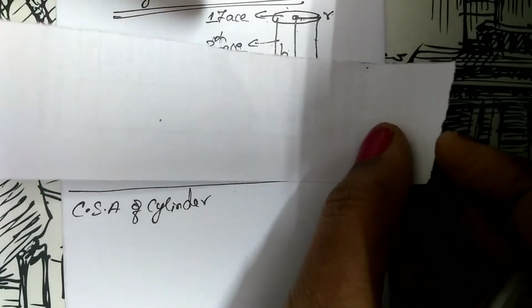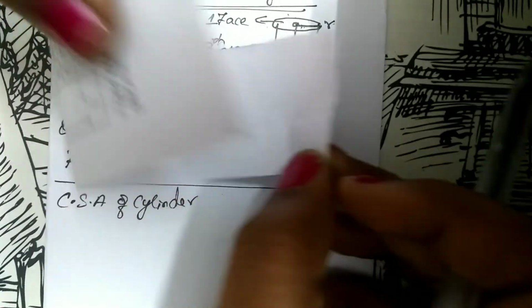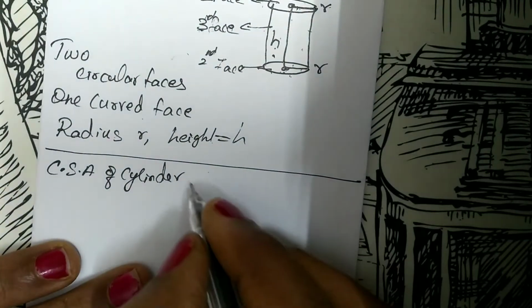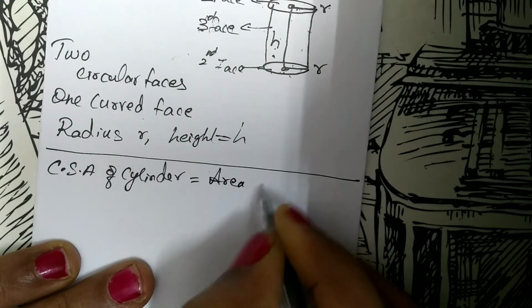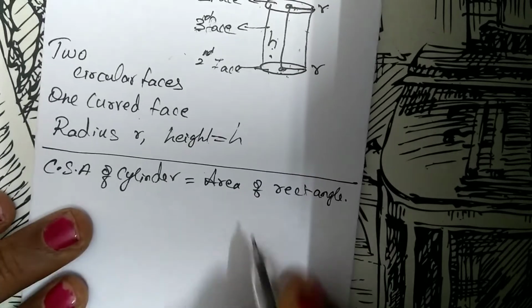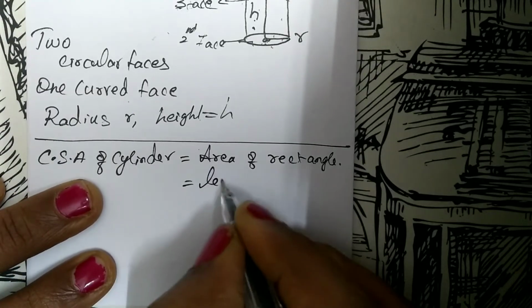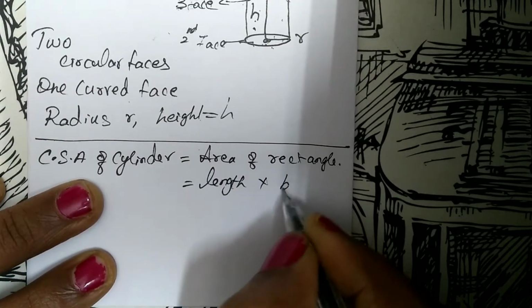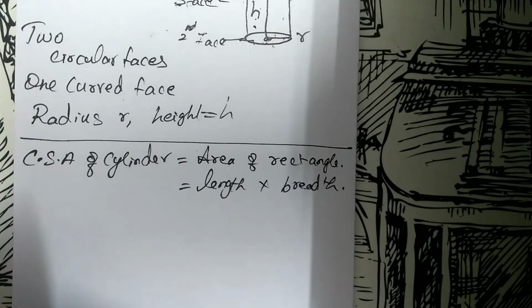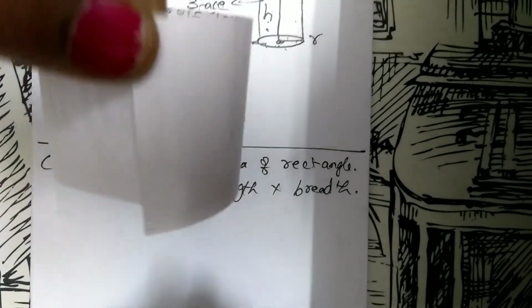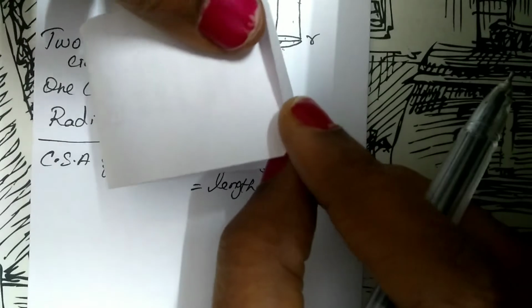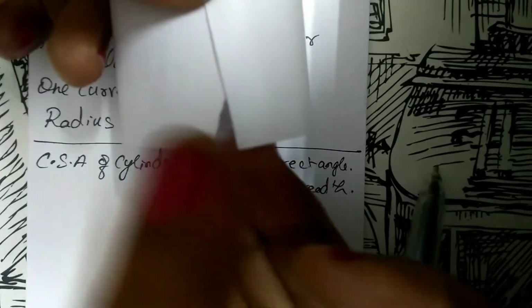So the curved surface area of a cylinder is the same as the area of a rectangle. What is the area of a rectangle? You know, length into breadth. Now see again, when I enclose this rectangle, I am getting a cylinder.